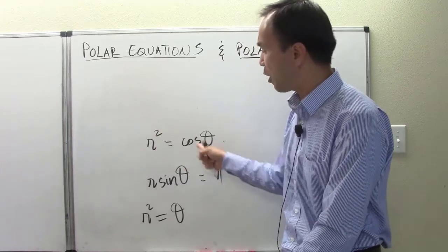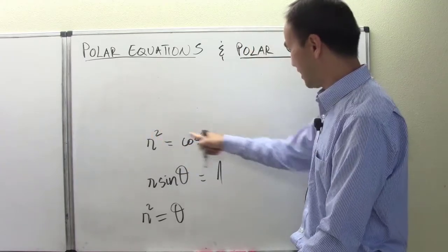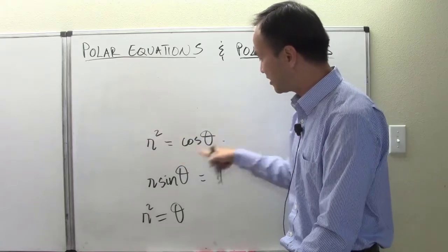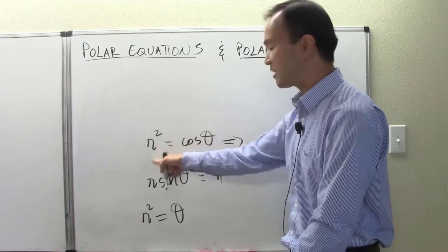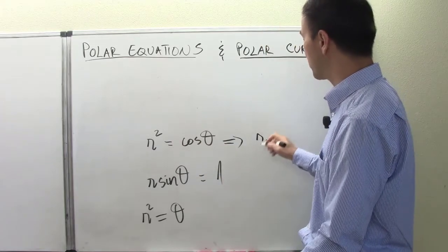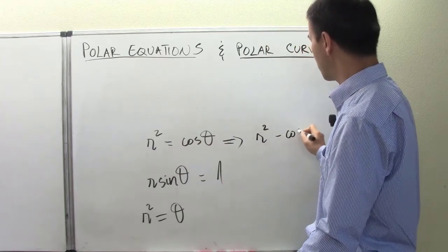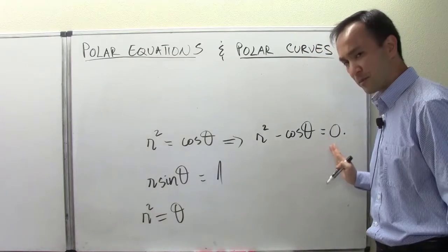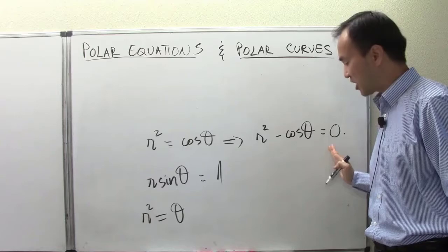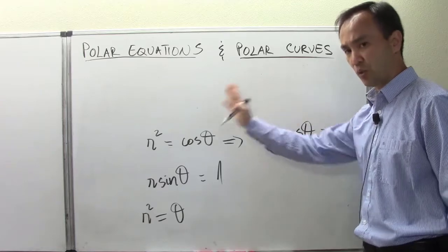So algebraically, looking at the equation r squared equals cosine theta, I can subtract cosine theta from both sides, bringing my equation to r squared minus cosine theta equals 0. I purposely display a 0 on the opposite side and all terms go to one side.